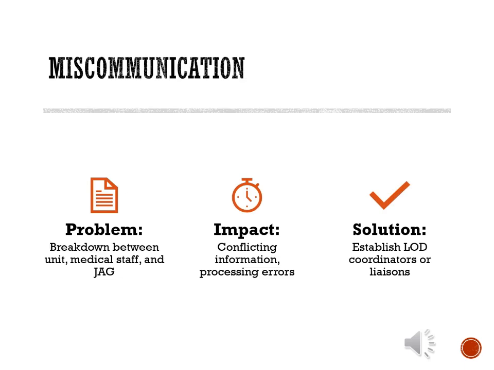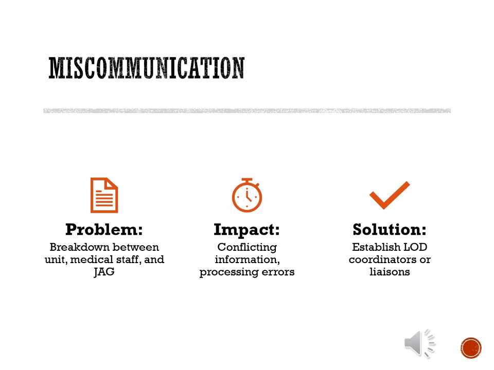The next issue is miscommunication. This is one of the largest concerns, not just in medical aspect of the Army, but as a whole for the National Guard and active duty Army as well. Making sure there's a constant and efficient communication route between the unit, the medical staff, the JAG, which is the legal team, and that medical provider and soldier.